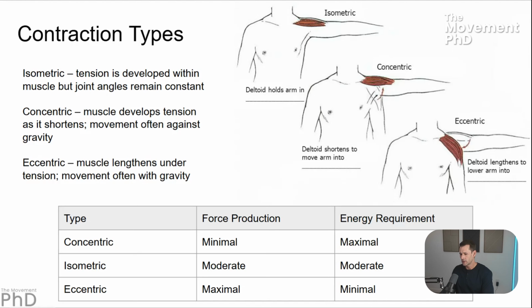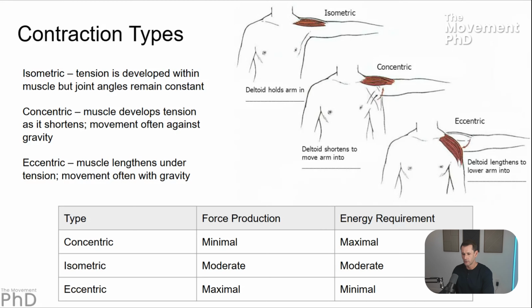Our eccentric contraction is where we can develop maximal force production with the least amount of energy requirement. If anyone here is a weightlifter, you know that you can slowly lower a weight that's 20 to 30% greater than you can push back up. I'm going to use the bench press because it's easiest to conceptualize.